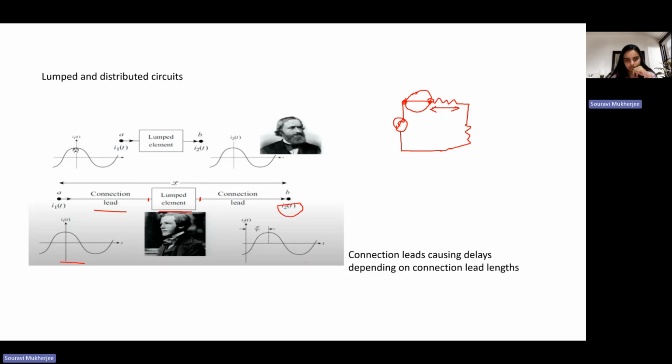But as you can see, these two signals are not the same, right? So there is a lag that comes in this term here. This lag is coming because of the connection leads, which is causing the delay.